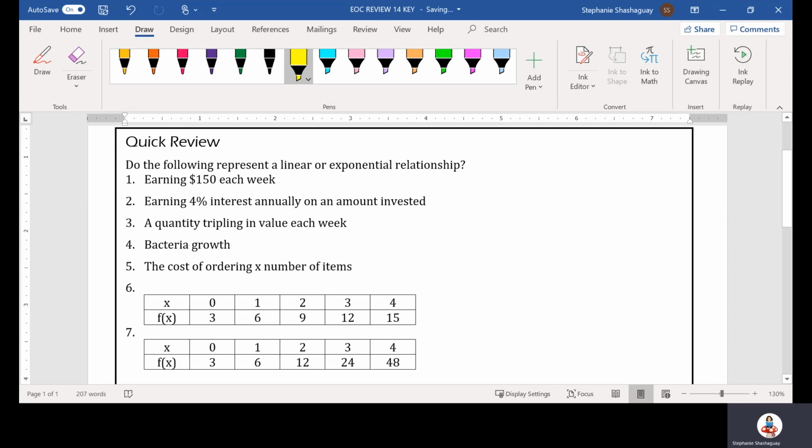Do the following represent a linear or exponential relationship? So a linear is when we have a constant rate, or a common difference.